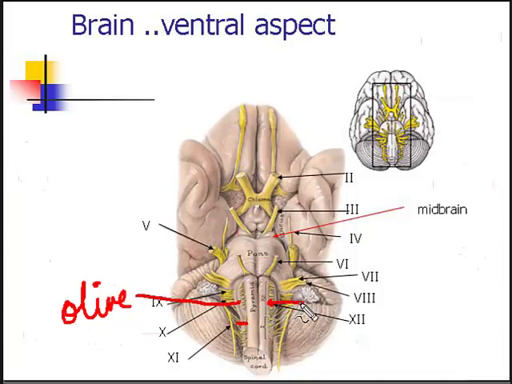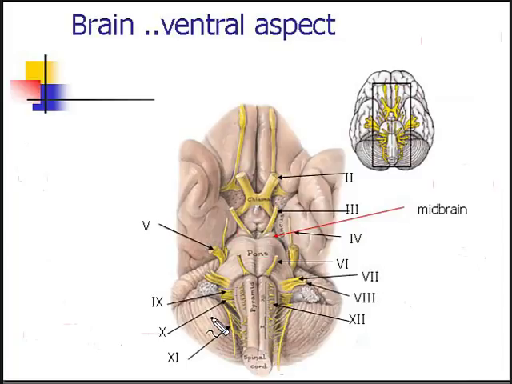Then lateral to the olive, we have an area of nervous tissue which connects the medulla to the cerebellum. You can see this is the cerebellum.